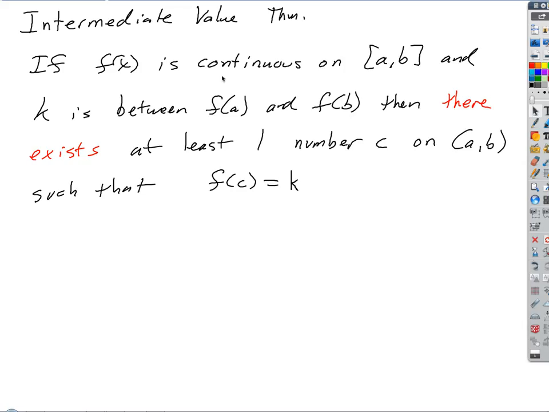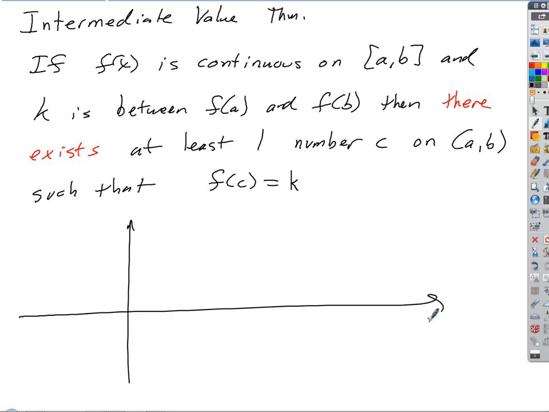Okay, what's that mean? Let's take this piece by piece. If f of x is continuous on the closed interval from A to B, maybe we'll draw a picture. This is also what I would call a picture theorem. We have a lot of these, where you can draw a picture that really represents the whole idea of the theorem. So let's draw the picture as we go.